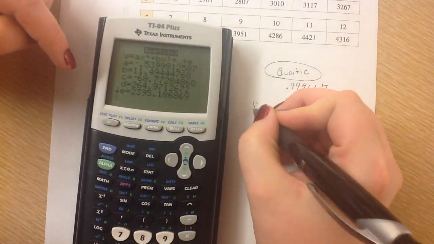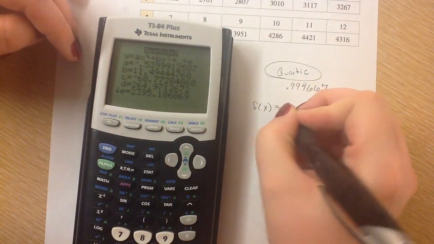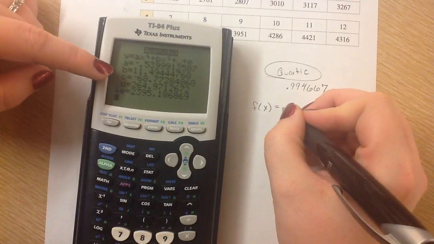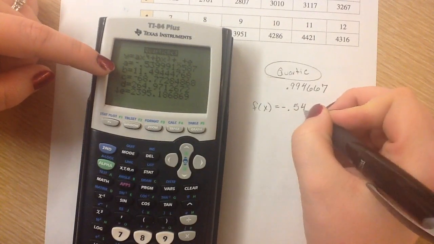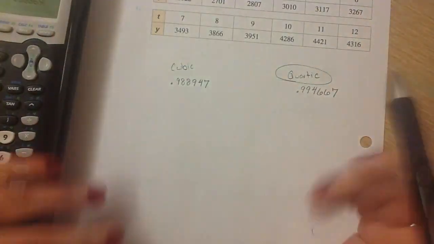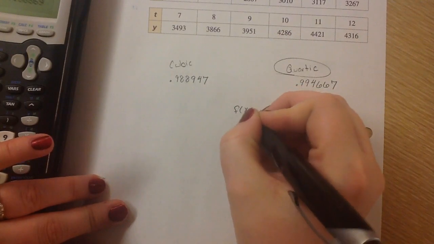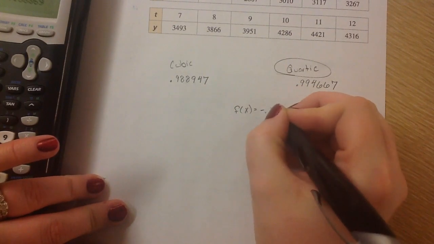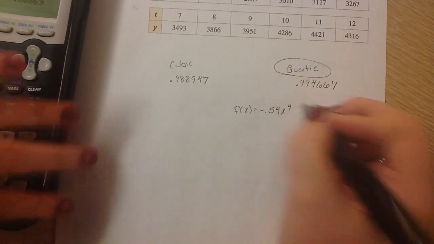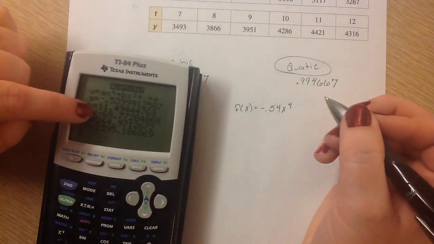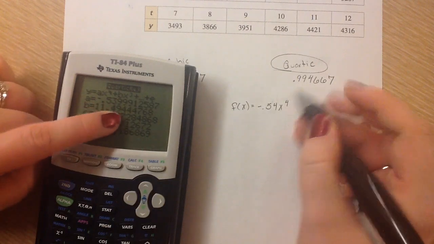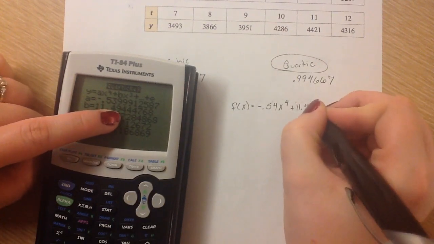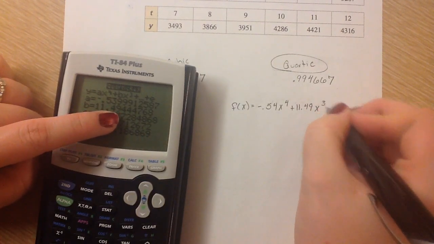So that function f of x is equal to negative 0.54. We'll go 2 decimal places. I'm going to need more room. Let's move this over. Sorry, shaky. Negative 0.54 x to the 4th. Okay, my b is 11.49, doing 2 decimal places. 11.49 x to the 3rd.